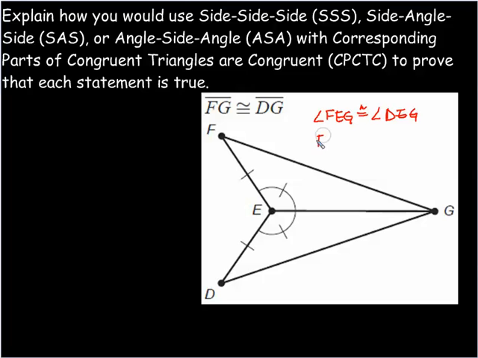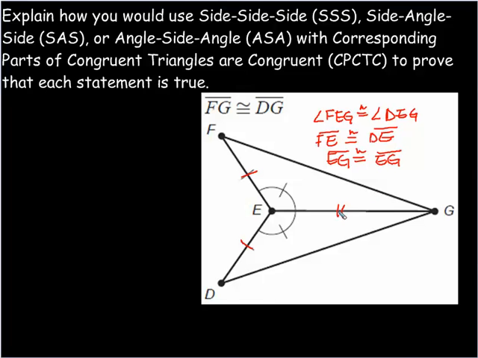And we know that FE is going to be congruent to DE because they've got those little marks for us. And get this, we know that EG is congruent to EG, and we know that because of the reflexive property.